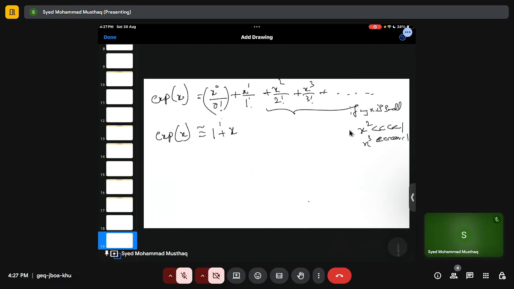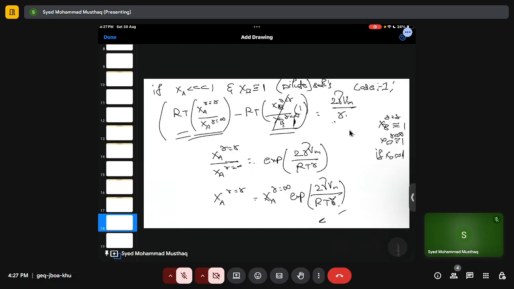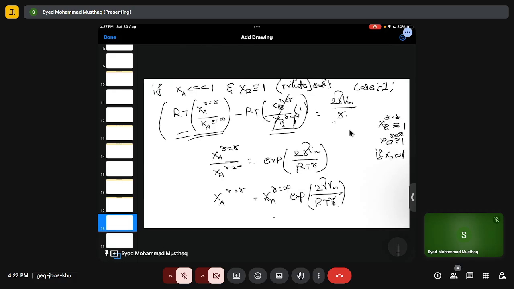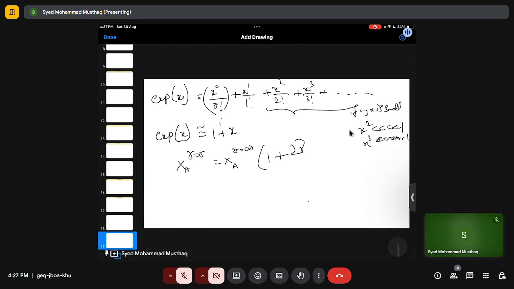So if we do that here, XA at R equals R equals XA at R equals infinite times 1 plus 2 gamma volume by R RT.